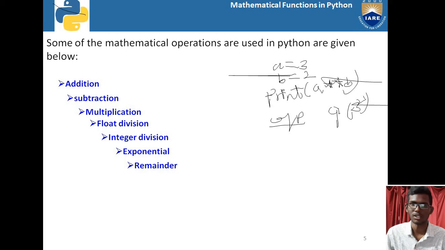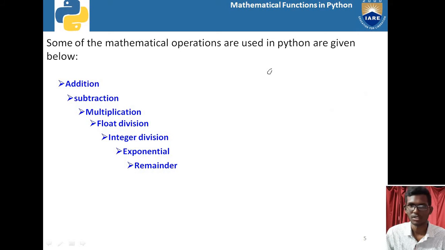It gives the remainder when we divide. Now we take an example: a equal to 3, b equal to 2, print a percent b, output equal to 1.